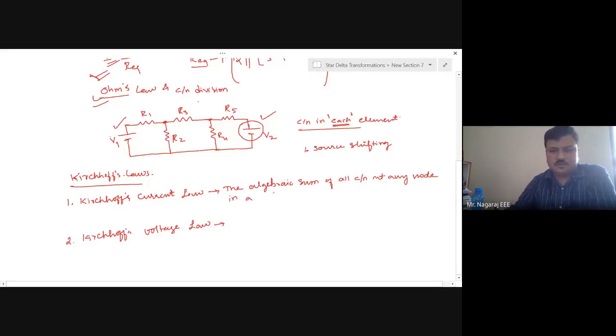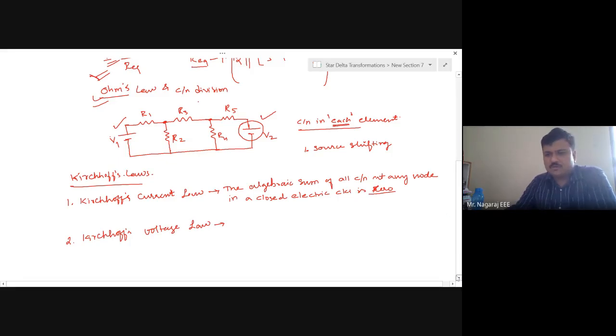If the circuit is open, will there be any current? In a closed electric circuit, the algebraic sum is 0. This is the fundamental statement.